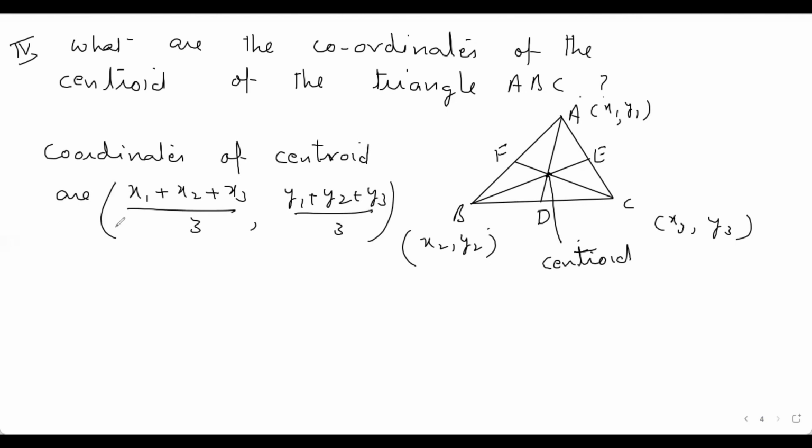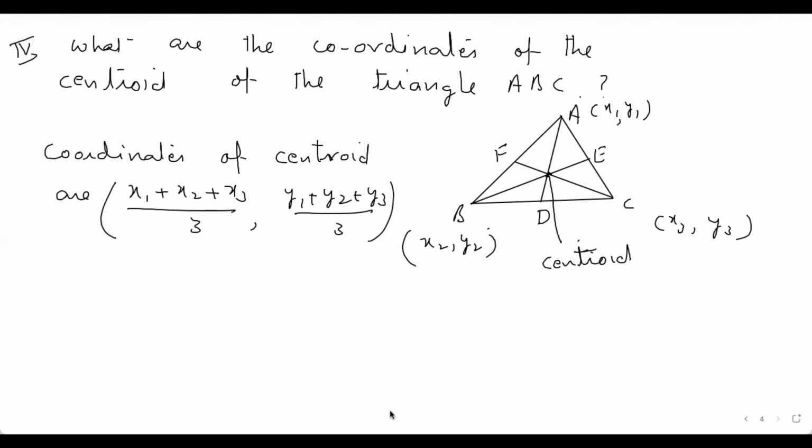Actually, this question is to explain to the students how to find the coordinates of the centroid of a triangle. This is a formula. If all the 3 coordinates of a triangle are given, then the centroid of a triangle is (x1 plus x2 plus x3) upon 3, (y1 plus y2 plus y3) upon 3.